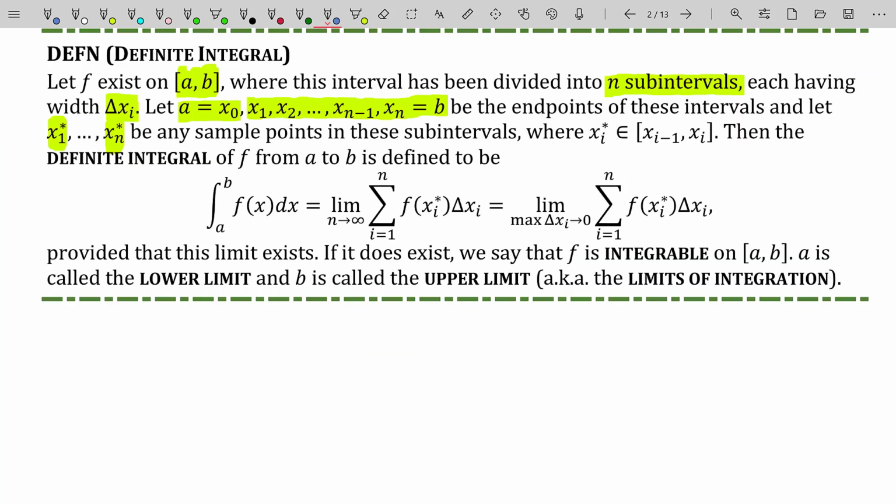And that's what this definition is saying, is that these x values are just some sample points in the ith interval. And let me go ahead and highlight that, where x sub i star is some sample point in the ith interval. Then we define the definite integral of f from a to b as follows. We're going to use this notation, which is what we call integral notation, definite integral notation technically, to replace our Riemann sum notation when we allow the index in the upper part of the Riemann sum to go to infinity.